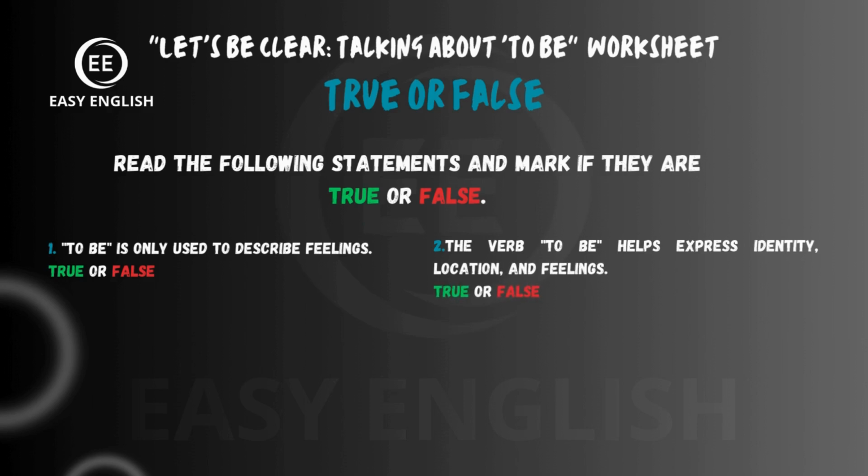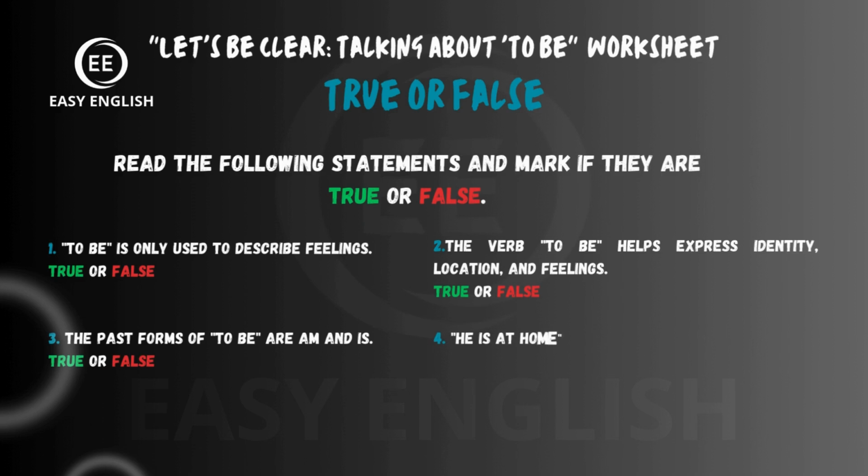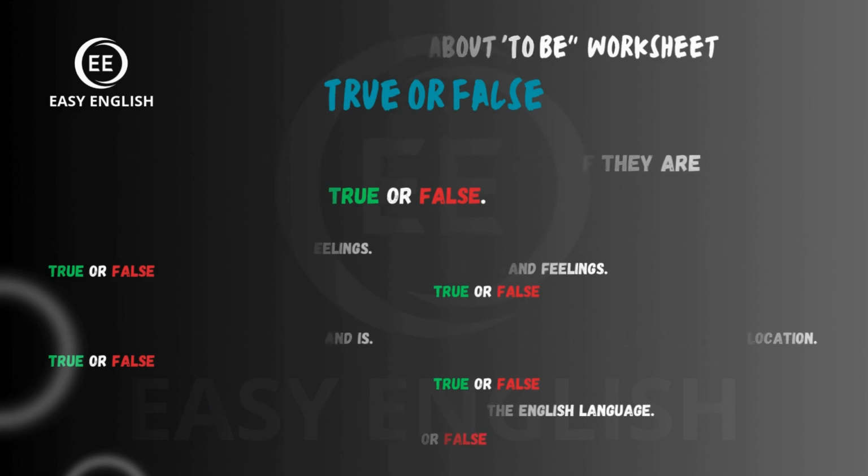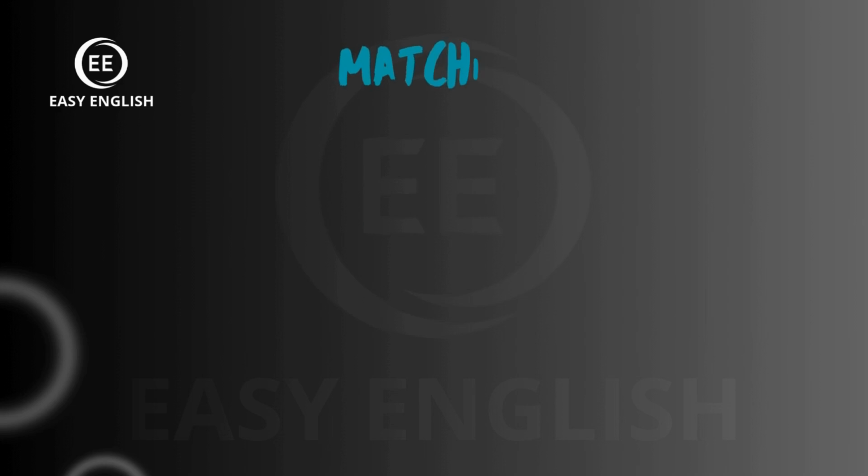True or false? 3. The past forms of to be are am, and is. True or false? 4. He is at home implies more than just location. True or false? 5. The verb to be is rarely used in the English language. True or false?